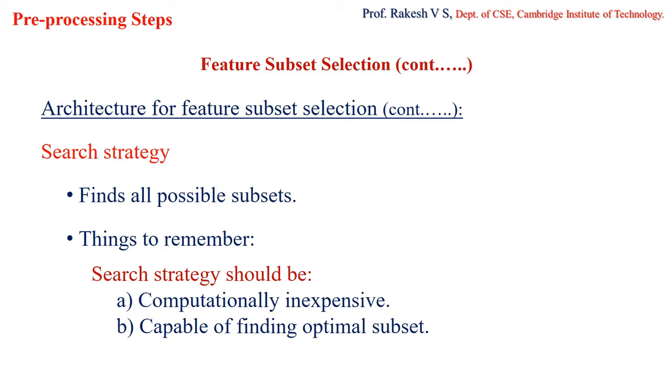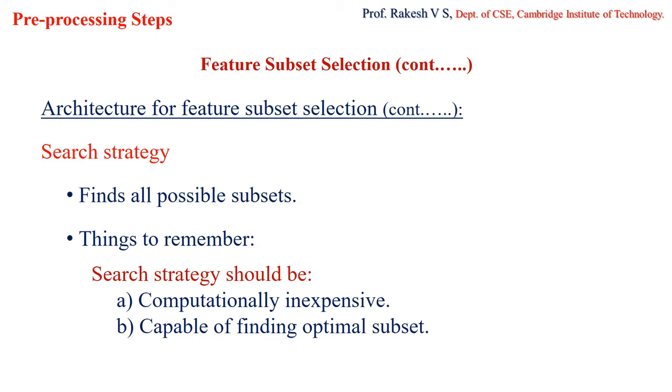Conceptually, a feature subset selection involves searching of all possible subsets of features. But an important thing that we have to keep in mind with respect to search strategy is that the search strategy chosen must be computationally inexpensive, and it must be capable of finding optimal or near optimal sets of features.